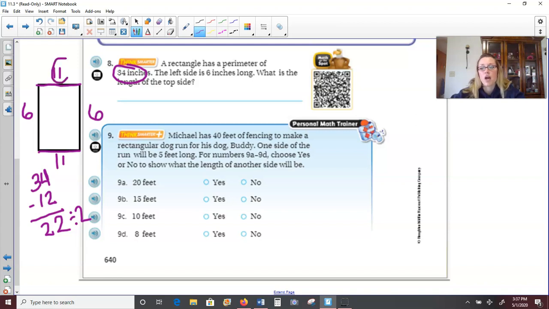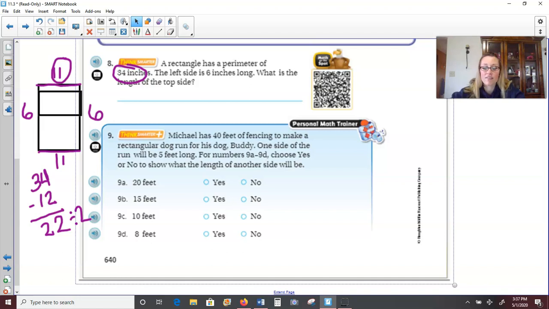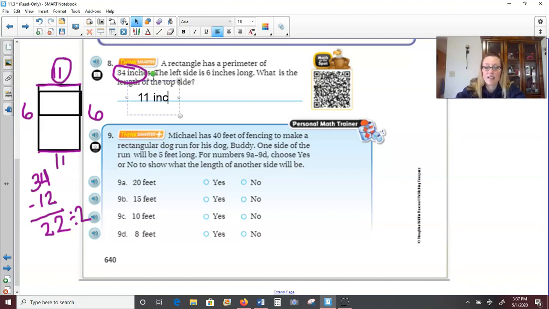So the top would be 11, which actually kind of means my rectangle doesn't work because 6 is the longer side, but it's the smaller number. So my rectangle would need to be longer like that. Either way, we see that we get an answer of 11 inches. And that would be the length across the top, but also the length across the bottom too.